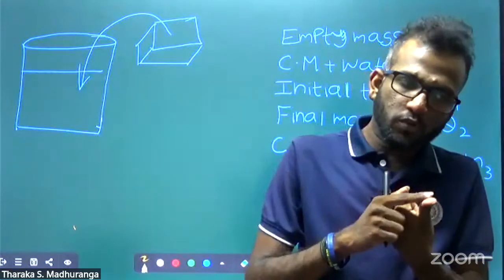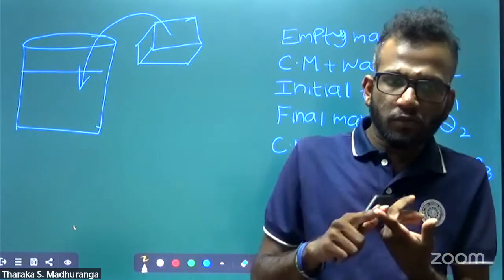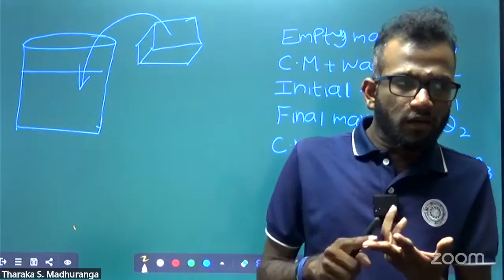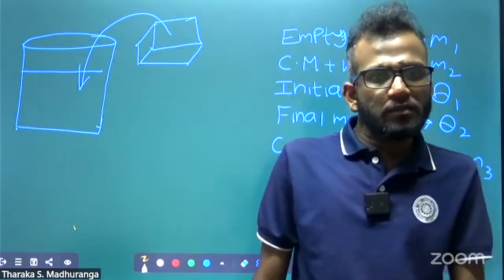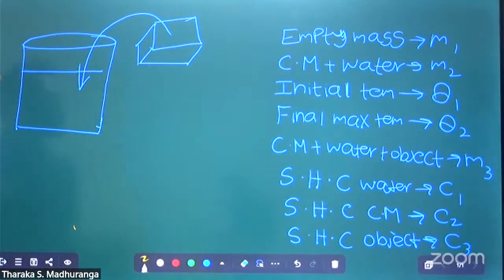If you go to 2015, I think the second structured essay, 2016 the third structured essay, 2017 the fourth structured essay, everything is from these heat lesson practicals. Now, what is the basic thing you need to understand here?